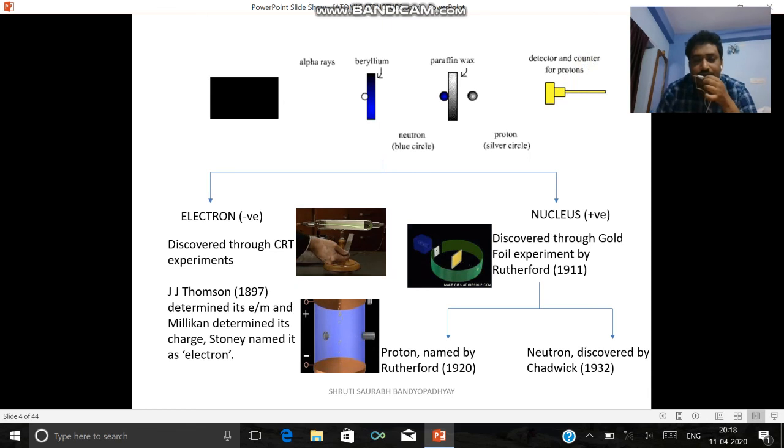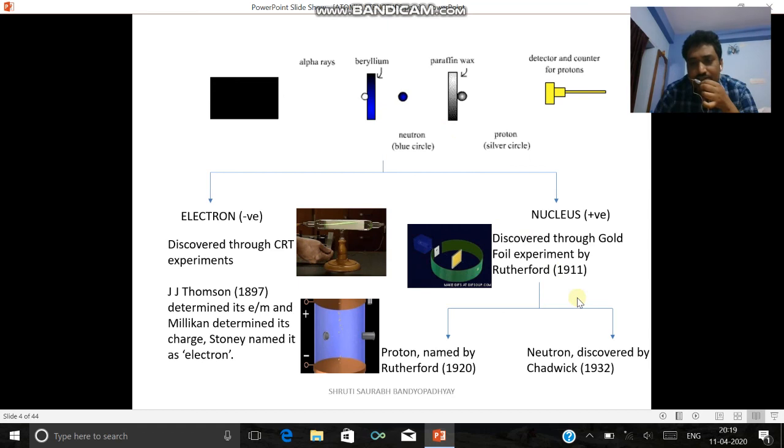So that is it. In this way, Chadwick proved that something similar in mass with this proton is emitted from this beryllium target, and he named this particle neutron since it carried no charge. It was neutral.